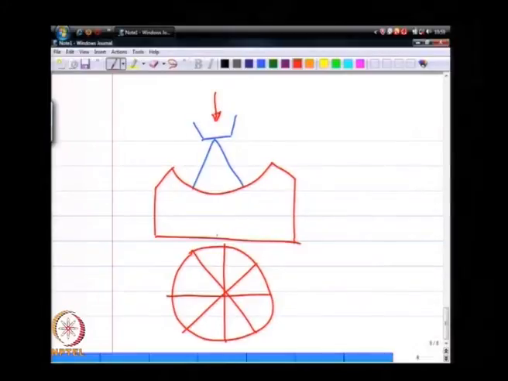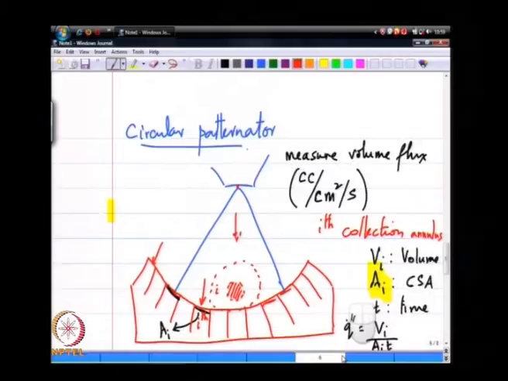Okay, so each of these sectors is responsible for collecting volume in that sector.